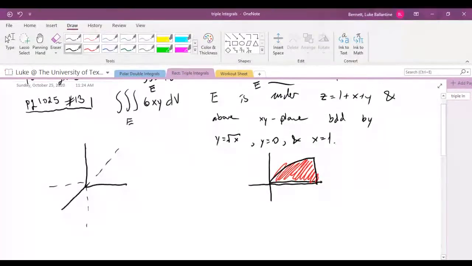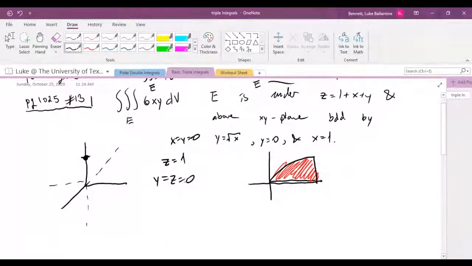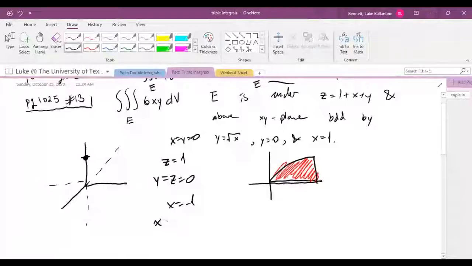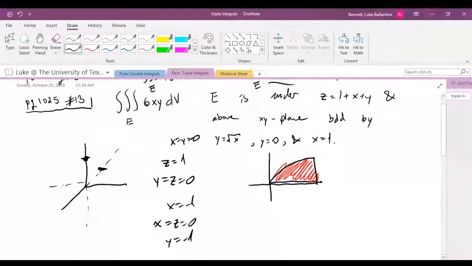When x equals y equals 0, that implies z equals 1. But if y equals z equals 0, x equals negative 1. And if x equals z equals 0, y equals negative 1. So we have negative 1 on the x, negative 1 on the y.